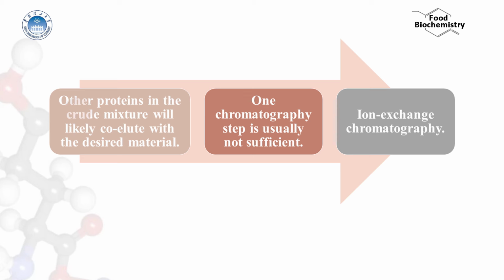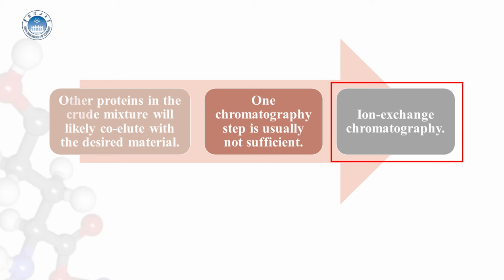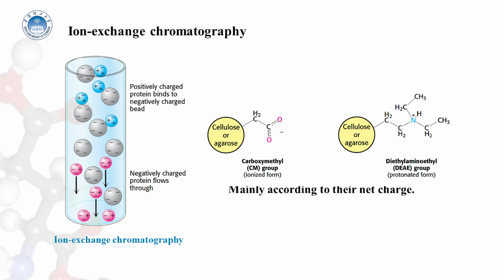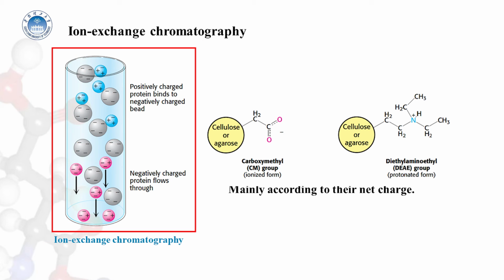For example, in addition to size, proteins can be separated on the basis of their net charge by ion exchange chromatography. If a protein has a net positive charge at pH 7, it will usually bind to a column of beads containing carboxylate groups, whereas a negatively charged protein will not.